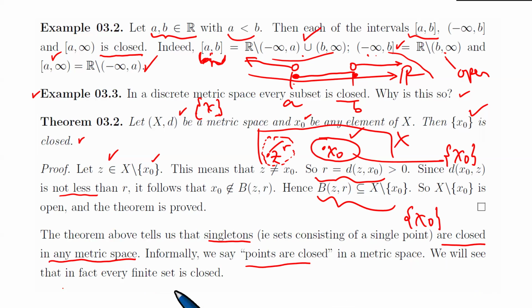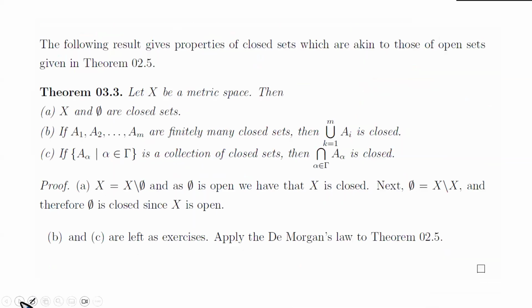We will see that, in fact, every finite set is closed, as we saw before. We can have x1 together with x2, and this one will be closed. Why? Because we can write it as a union of singletons. Okay, let's look at the next point.